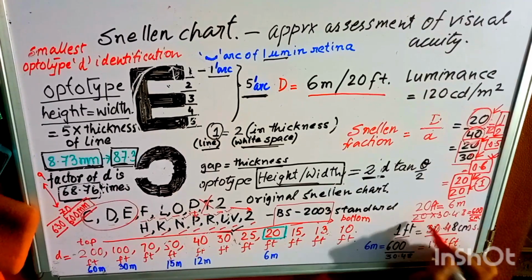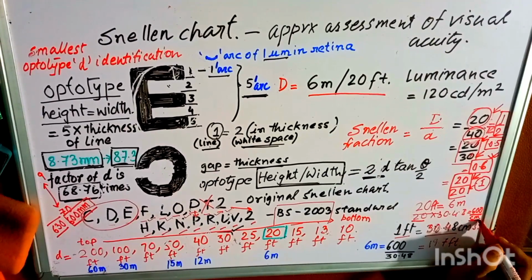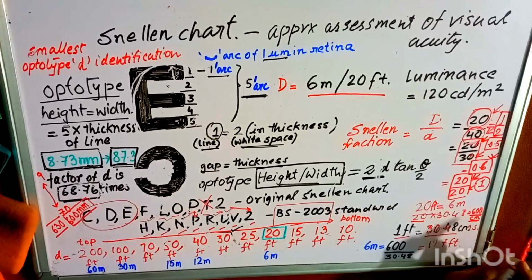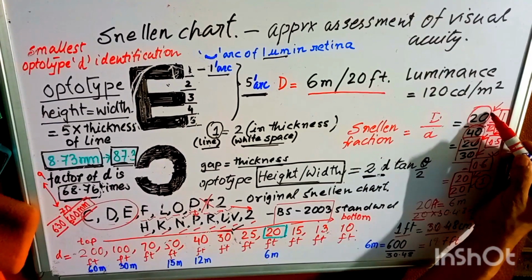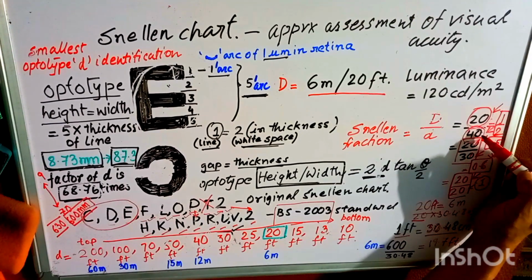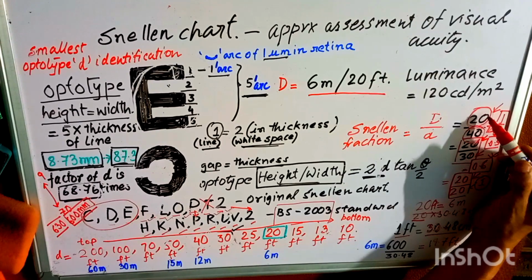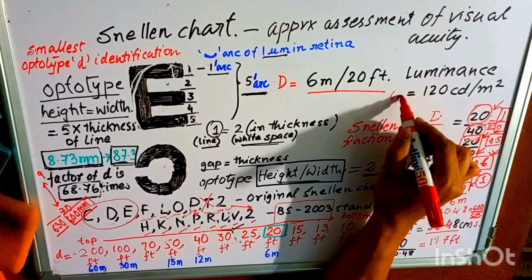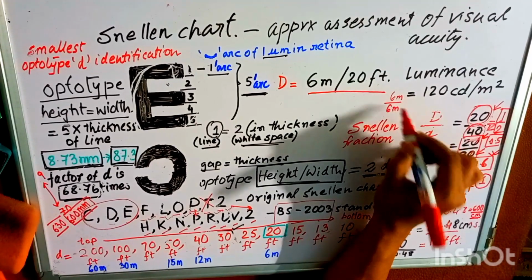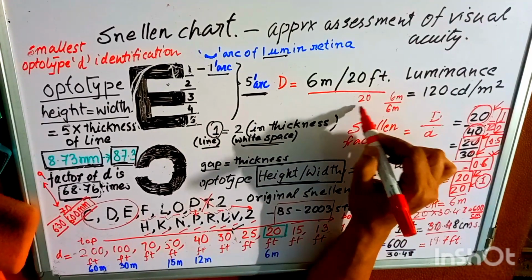So I can use 20 or 6 interchangeably here. We can write the Snellen's fraction as 6 by 6 when we use meters, or 20 by 20 in feet.